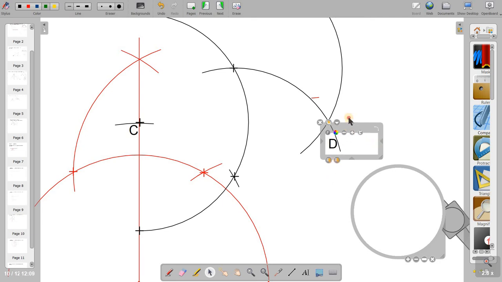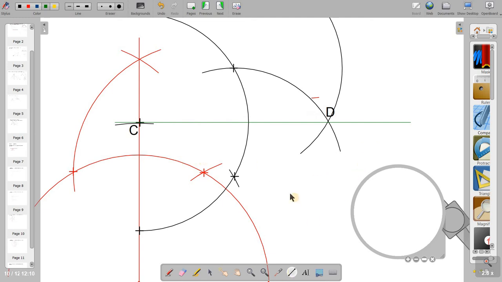Point D, which is here above, I keep it here. C and D to be joined using a line. I have taken a line here. It is passing through C exactly and through the point of intersection, which is point D.